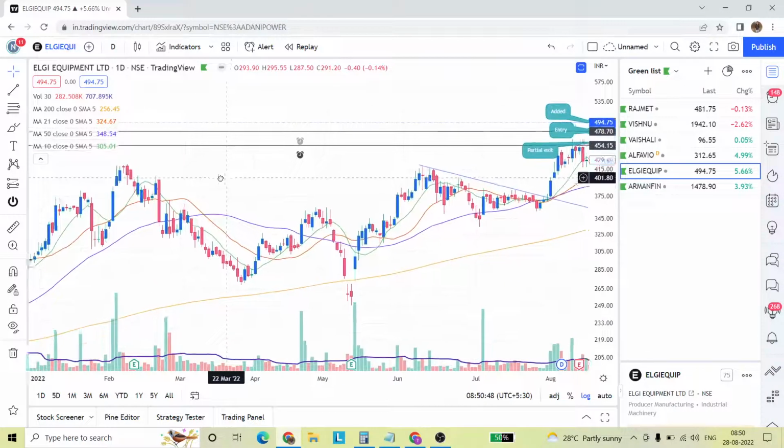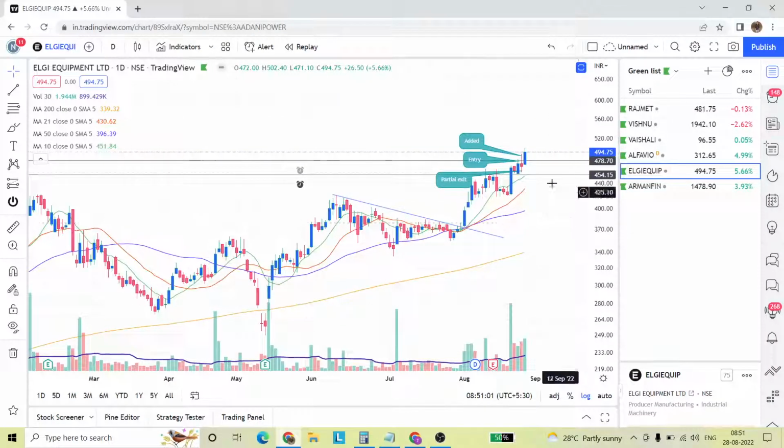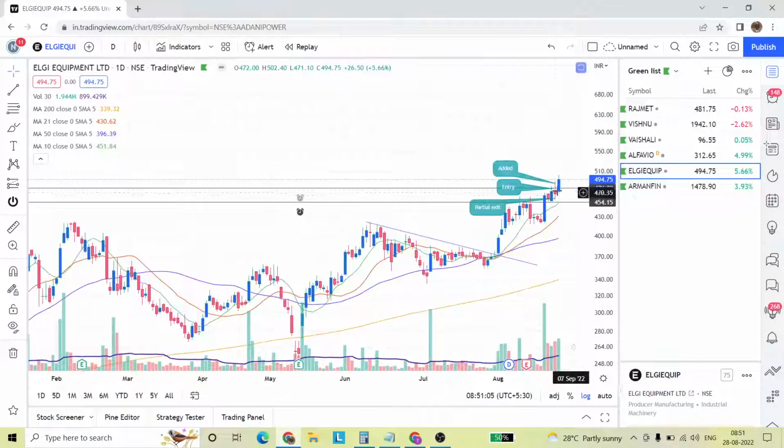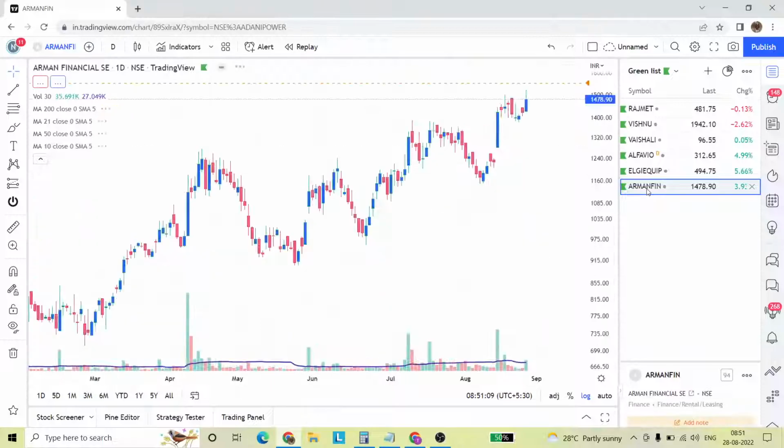The first contraction, the second contraction is smaller, the third contraction is even smaller, there is no supply. Before the breakout there is very little supply, and it breaks out, shows good volume, everything looks good, I have added to my position, simple. We'll be waiting and watching how it goes.